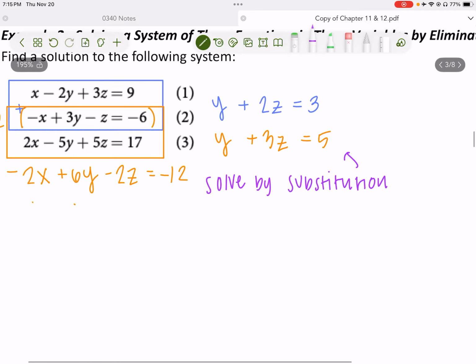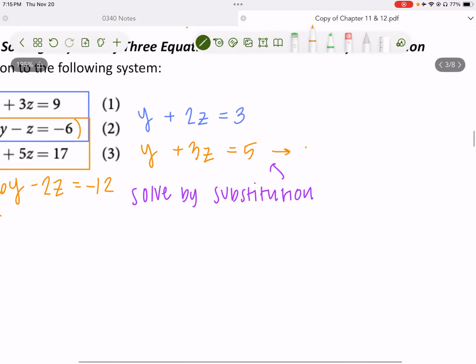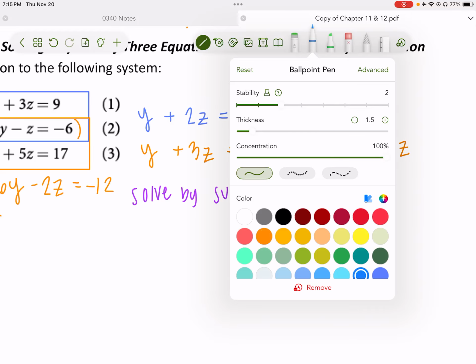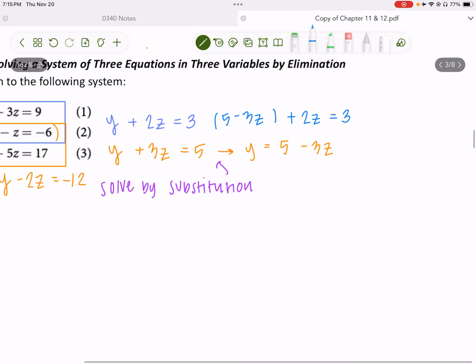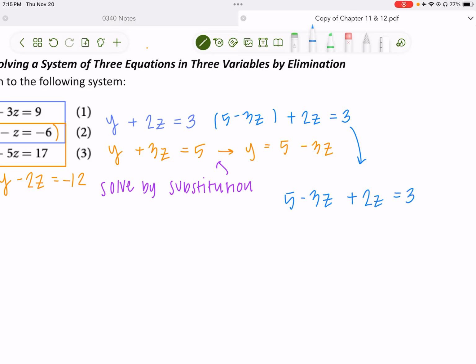I'll go ahead and set one of these equations equal to y. We'll take this one just because it's right there in front of me. We have y equals 5 minus 3z, which means instead of having y in my equation, I'm going to have 5 minus 3z plus 2z equals 3. And that's what I need to solve. So we have 5 minus 3z plus 2z equals 3.